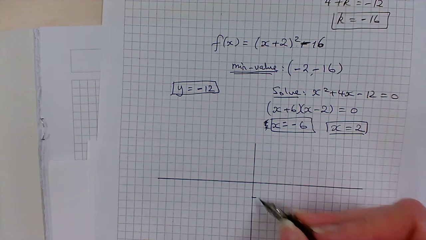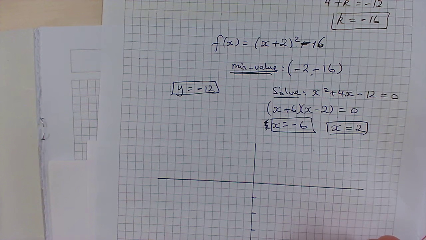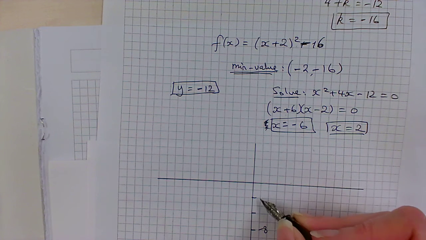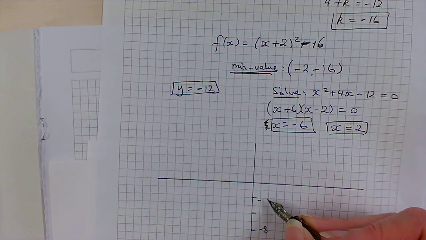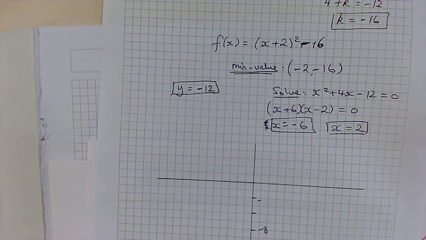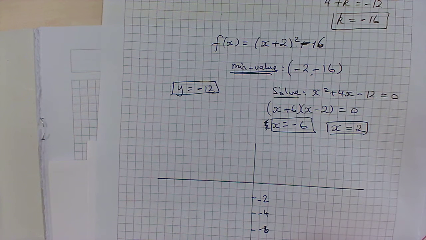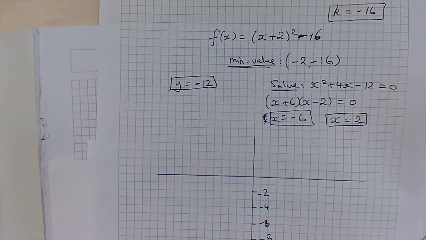Two, 4, 6, 8, 10, 12, 16, minus 8. Oh, be careful here. That's minus 2, minus 4, minus 6, minus 8, minus 10, minus 12, minus 14, minus 16.